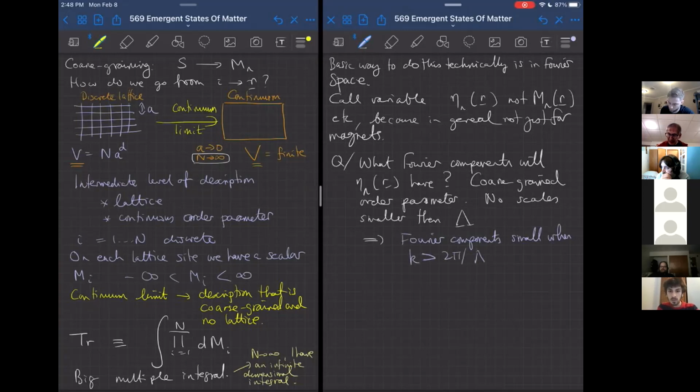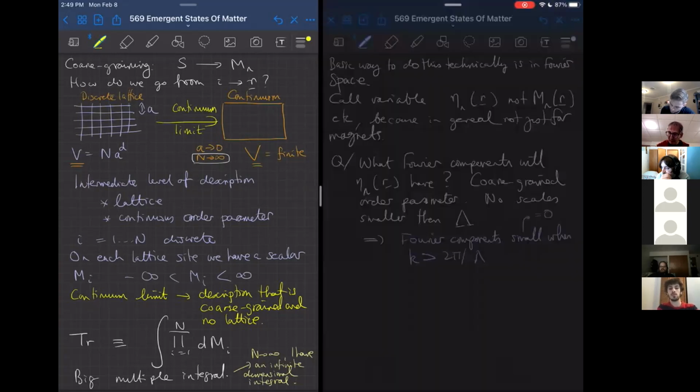And so the way that we will write this down is, now we will assume that we've done some windowing. So when we say small, what we mean is basically 0, at least when k is much larger than this number here, for the small wavelengths. Now what I want to look at is what happens when I try to Fourier transform this variable.